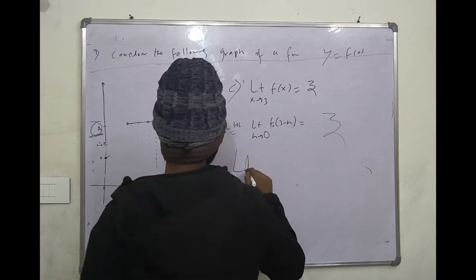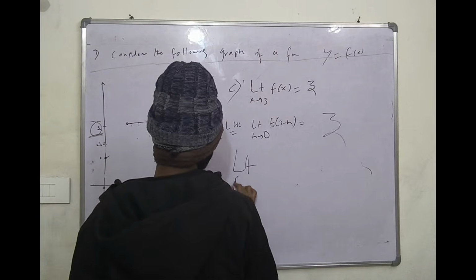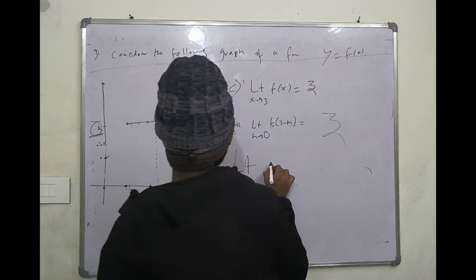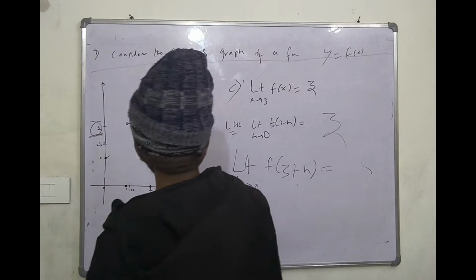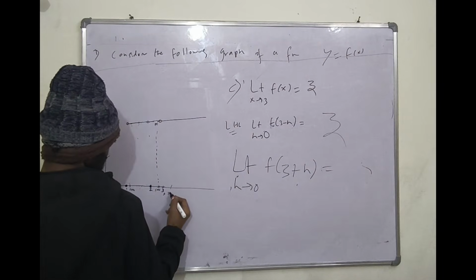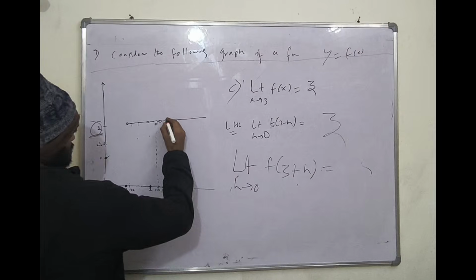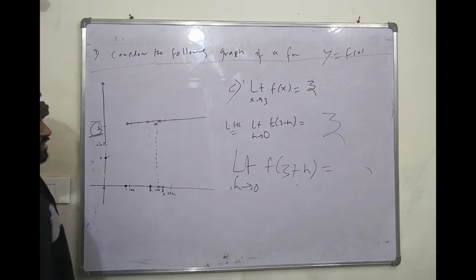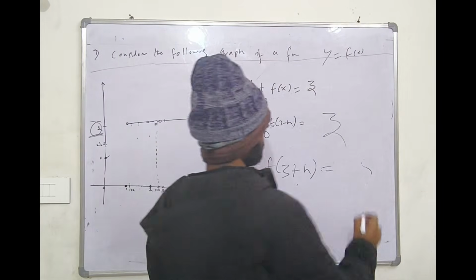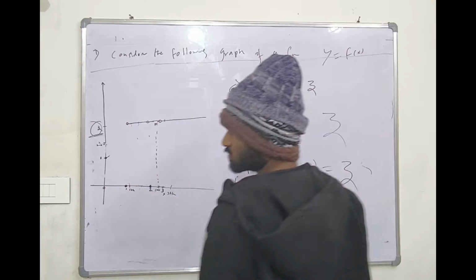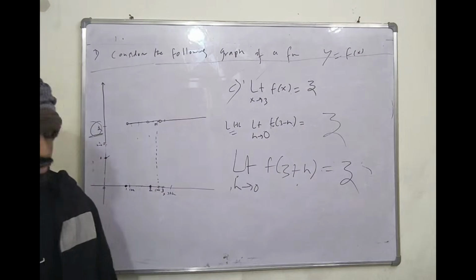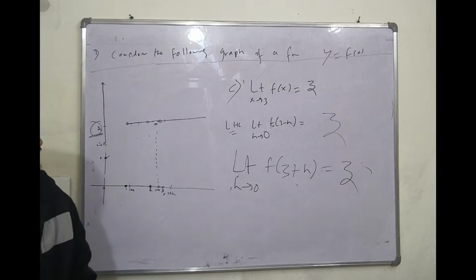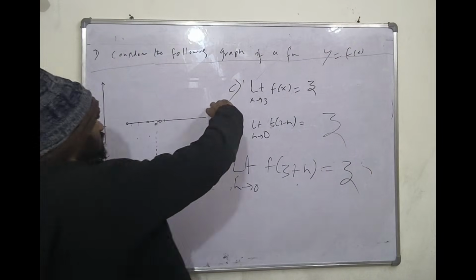Similarly, limit h tends to 0 f of 3 plus h. 3 plus h is here just greater than 3, h is positive, so again the limiting value of that function is 3. So left hand limit equals right hand limit, so the limit exists. They gave the same, so the option is right.